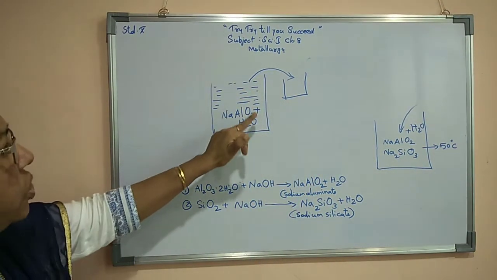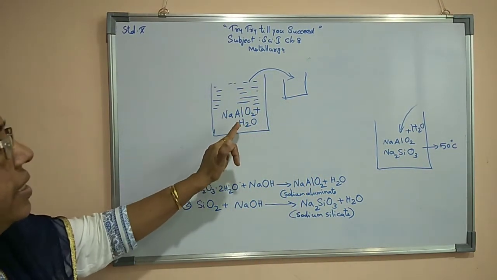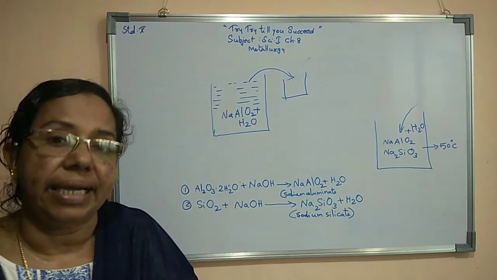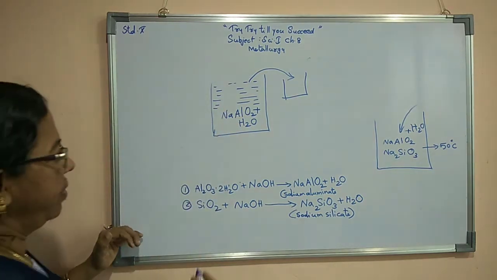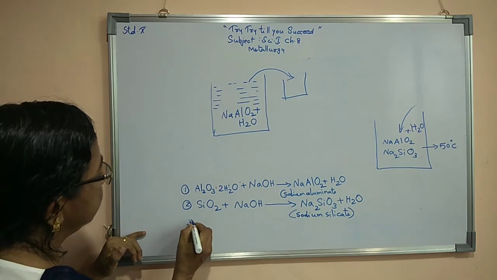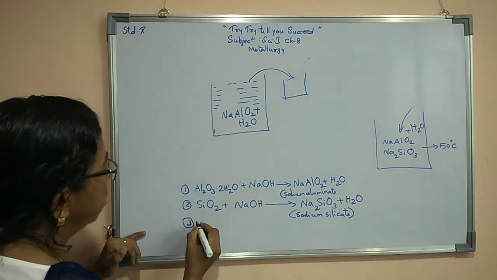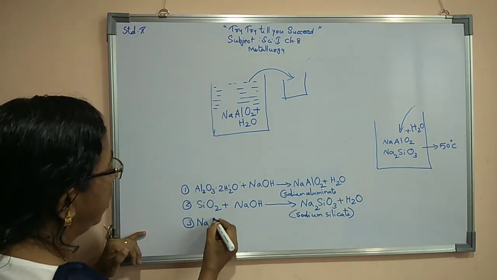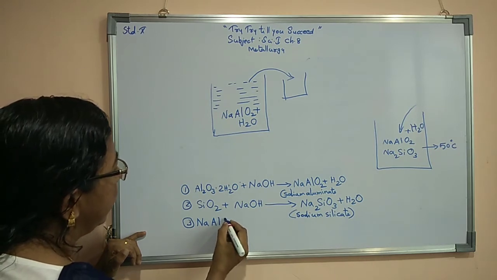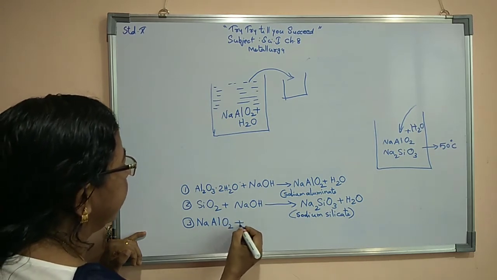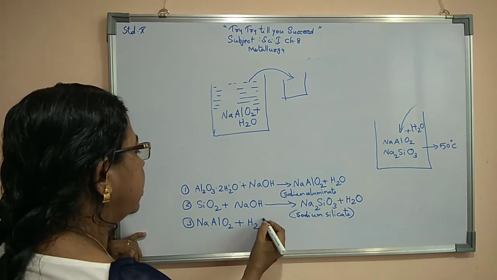Now here the sodium aluminate as well as water will react. As a result, we will get one more compound. That is the third reaction I am saying: sodium aluminate, NaAlO2, reacts with the water.